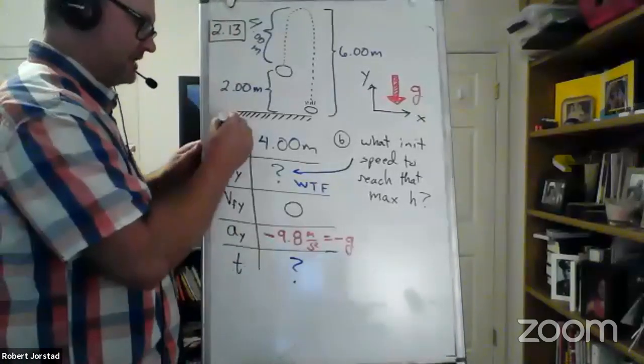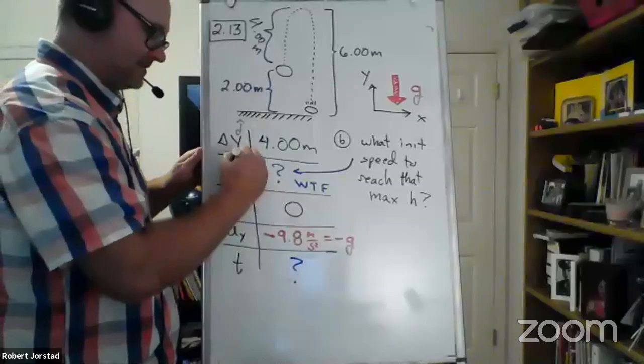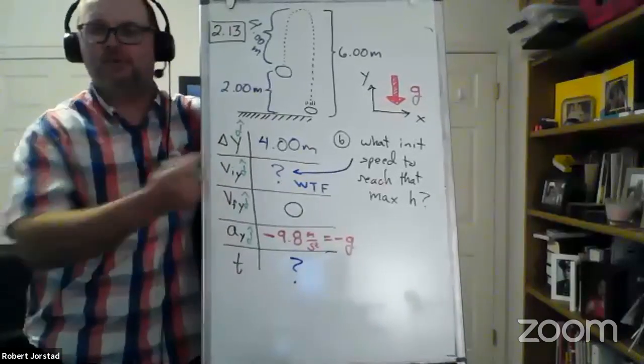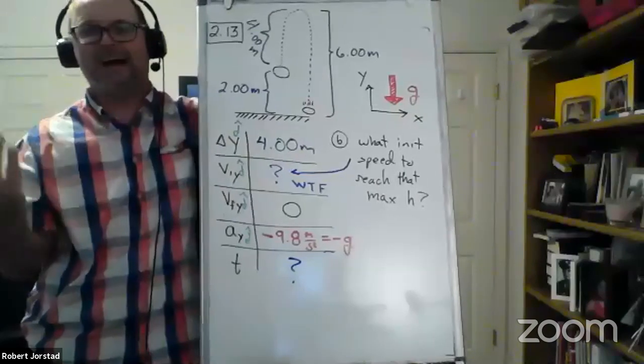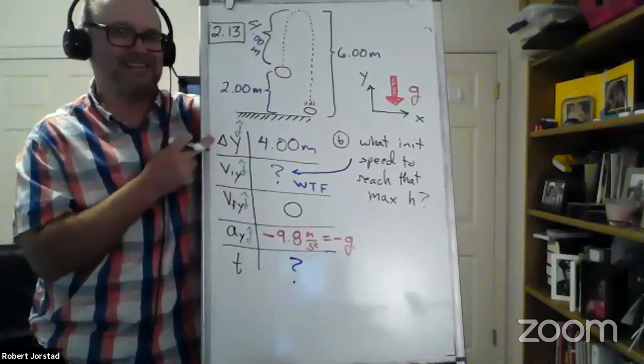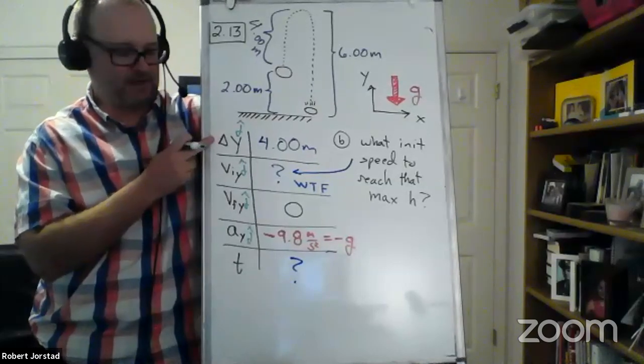There's a secret j hat on all of these things. Oh, sorry, I cut you off. My bad. Sorry, I stole your thunder there. The idea here is there's a j hat hidden on all of these because they're in the y direction. If we were moving in the x, everything had an implied i hat. So really, this is vertical displacement. It is not distance.